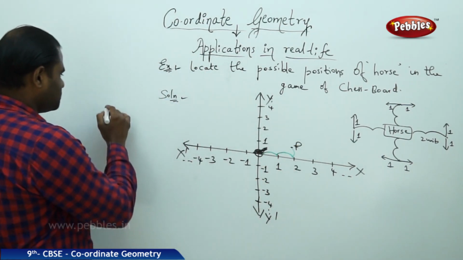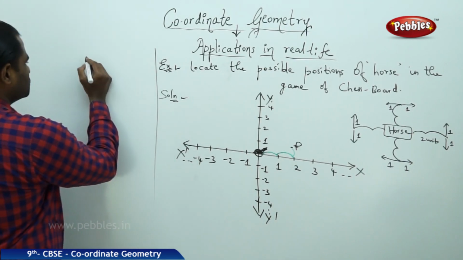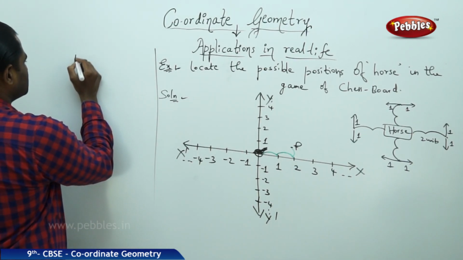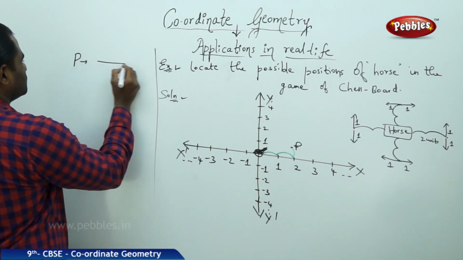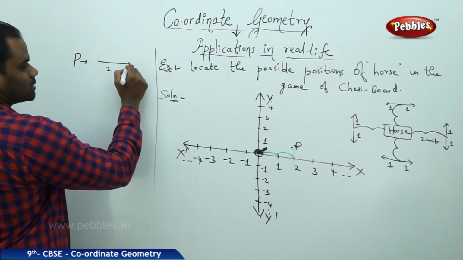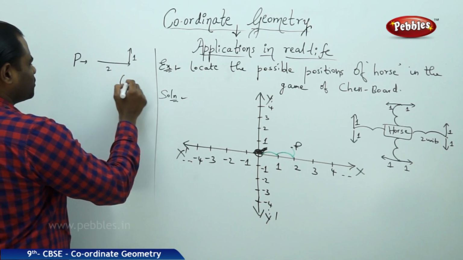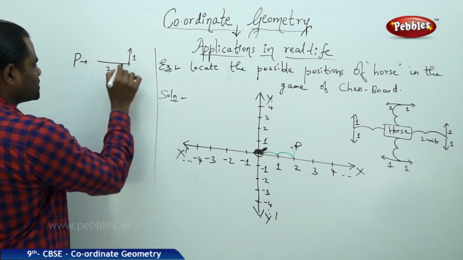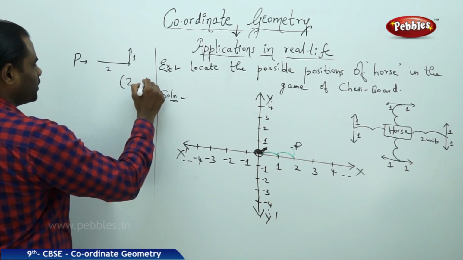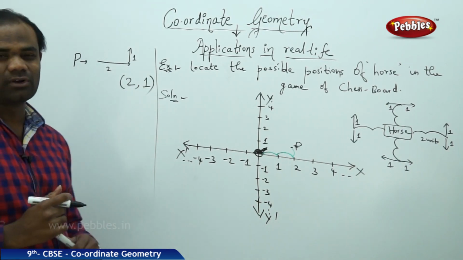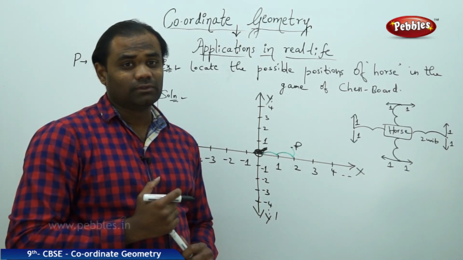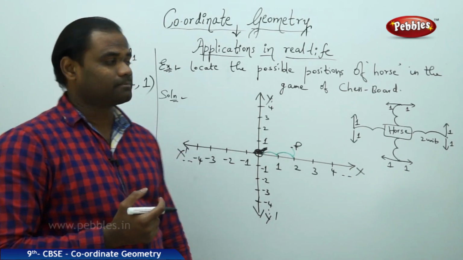So my position P initially is when the horse moves 2 units right and 1 unit up. And therefore, my coordinates would be positive 2 and positive 1. So this is one of the coordinates which I identify of the movement of horse.